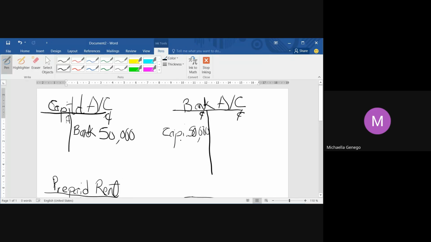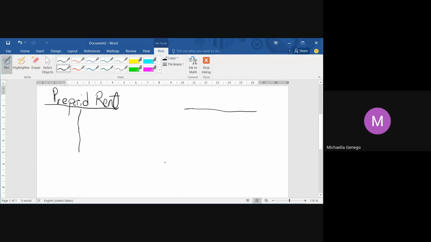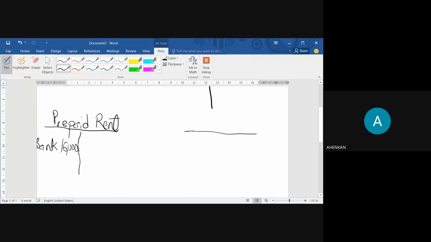So what happens to the prepaid? We said increases in assets is what? We'll have which entry? Debit. Exactly. So it's against bank. What's the amount? 16,000, check.